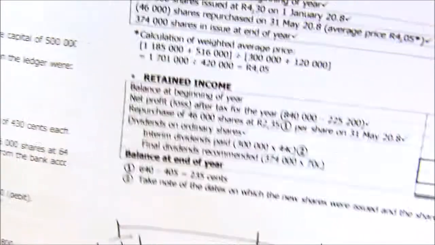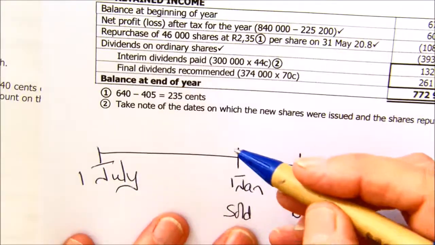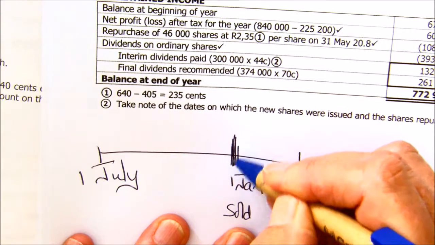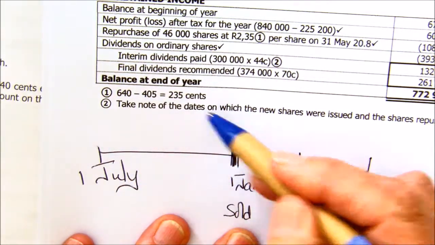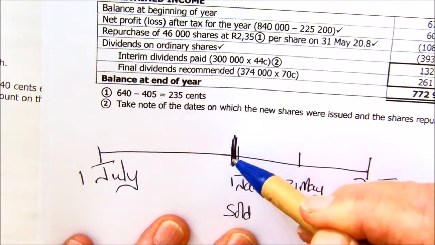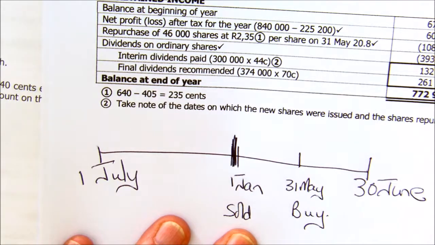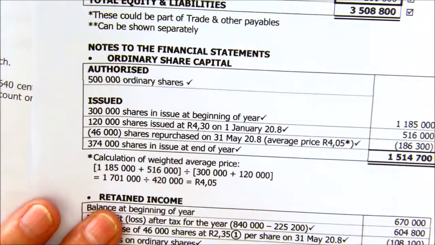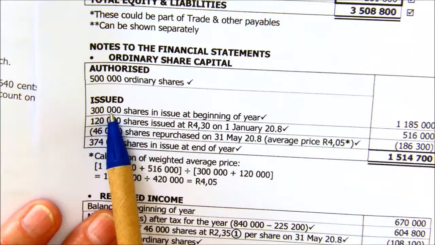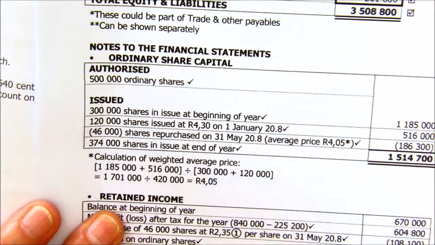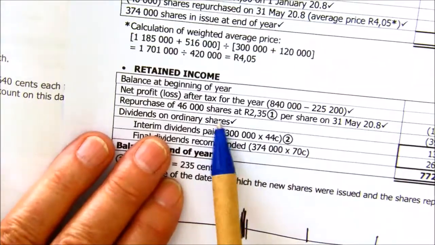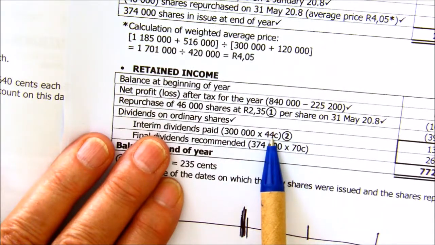So, obviously on the 31st of December, we only had the initial amount of shares. This date is very, very important. So if we look here at the beginning, we only had 300,000 shares on the 31st of December. And so your interim dividend is going to be 300,000 times the 44 cents.